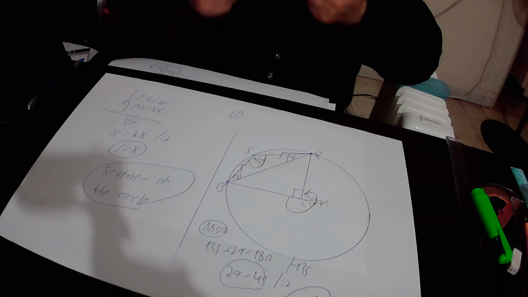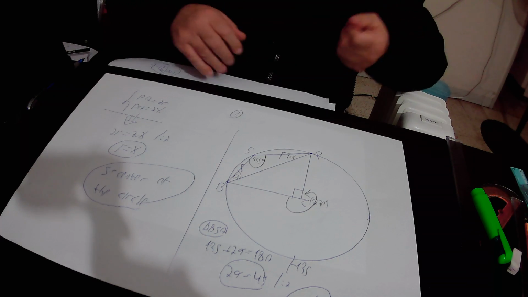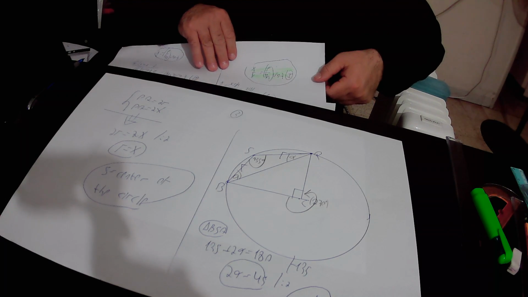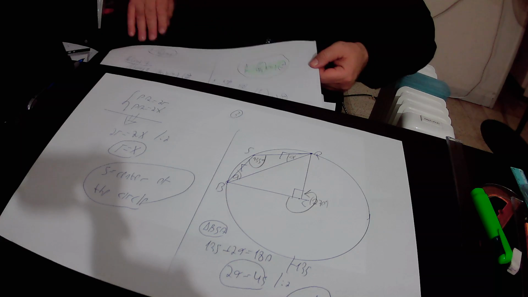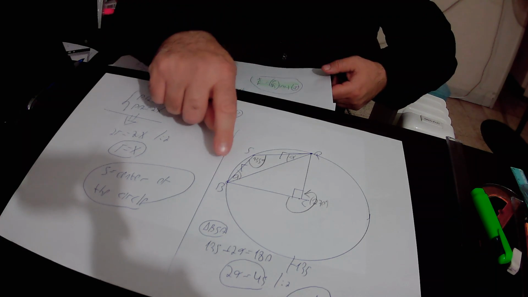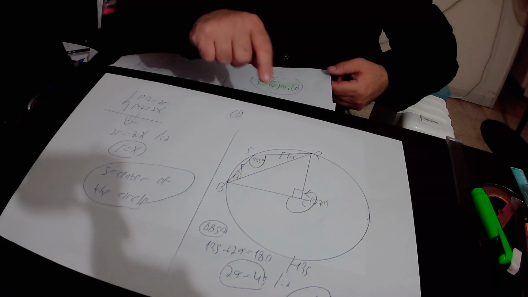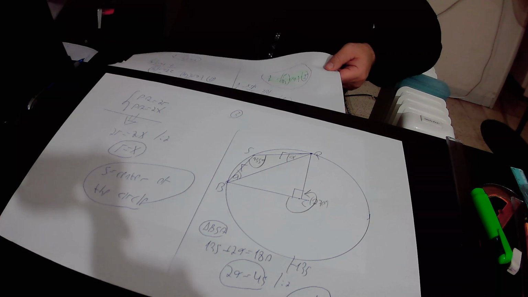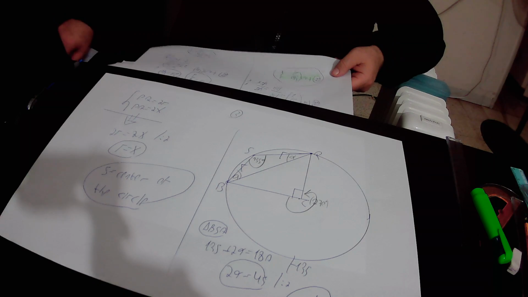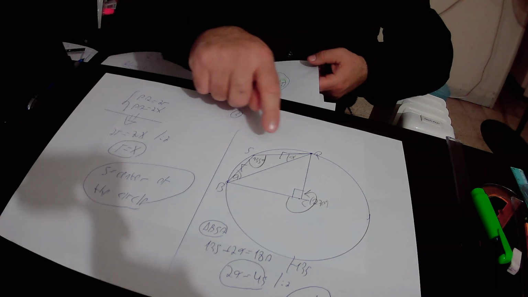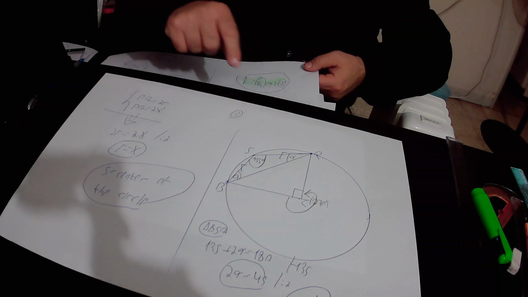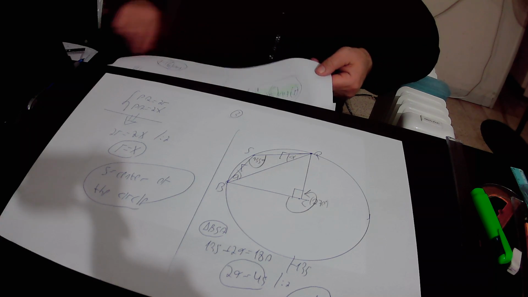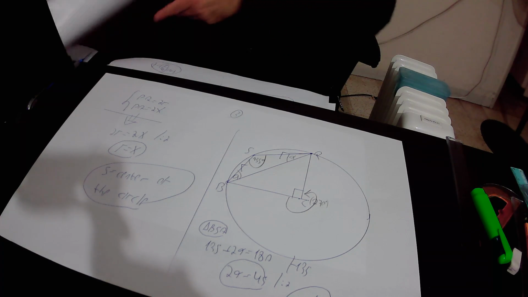But we also know that the sum of the angles in any triangle is equal to 180 degrees. Okay, so in triangle BSQ, the sum of the angles must be equal to 180 degrees. So here alpha plus 125 degrees, in total it is equal to 180 degrees. Okay.